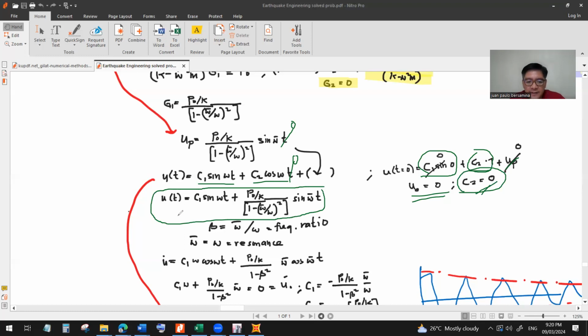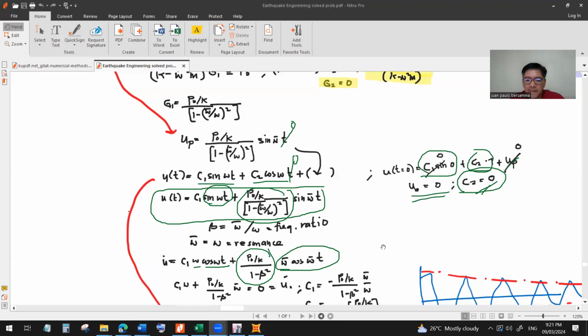Then find the first derivative of this, so becomes C1, derivative of this is cosine, right? Then derivative of omega t is omega, and this is constant. Then derivative of this is omega bar cosine omega bar. Okay? Then substitute again t equals 0, the at rest condition.